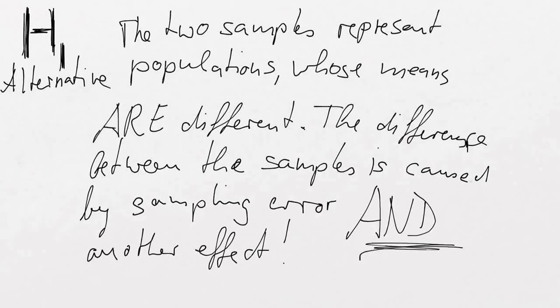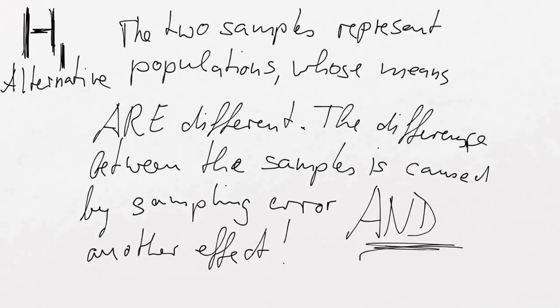I said we need to be a little bit careful with this alternative hypothesis. The reason why we need to be careful is, the way we formulated it says there is a difference between the sample means, but we don't, in a way, commit ourselves to saying one particular sample is larger than the other one.